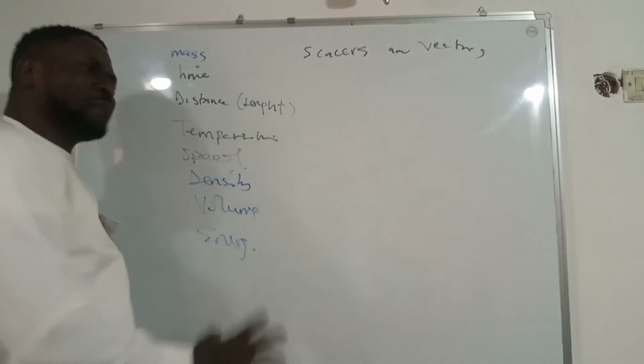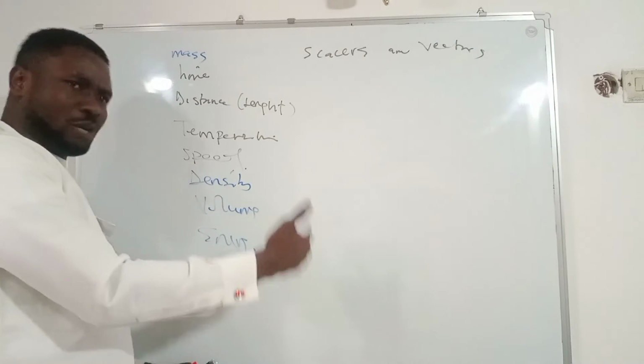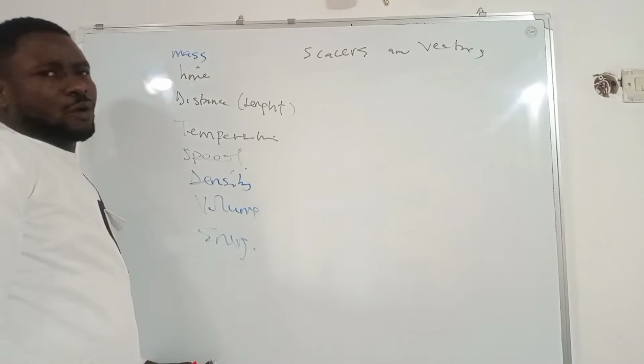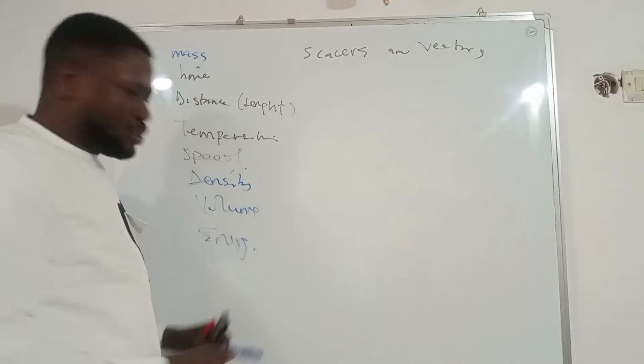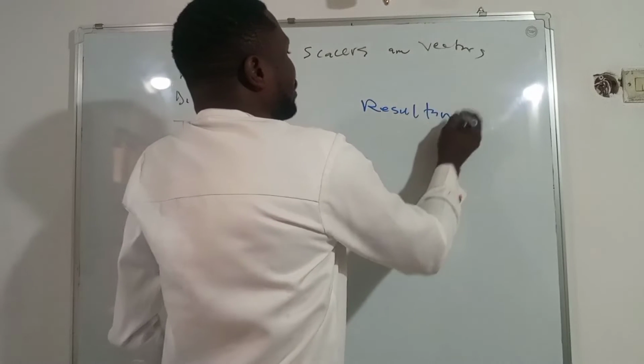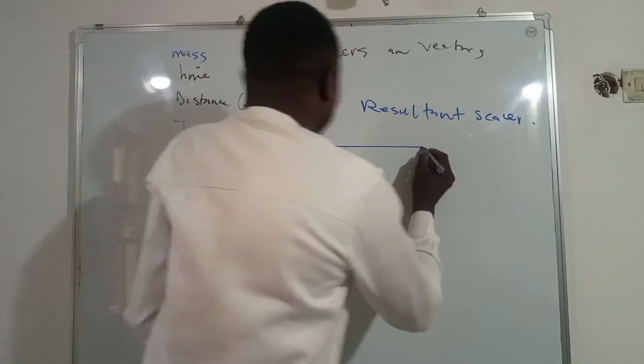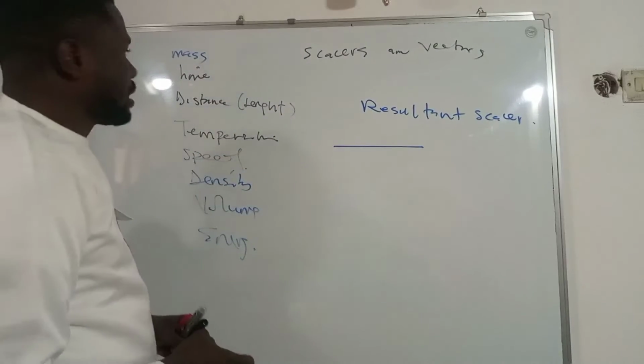Now, if you have more than one scalar quantity, they may ask you to find the resultant scalar. For example, remember we said an example of a scalar quantity is distance.